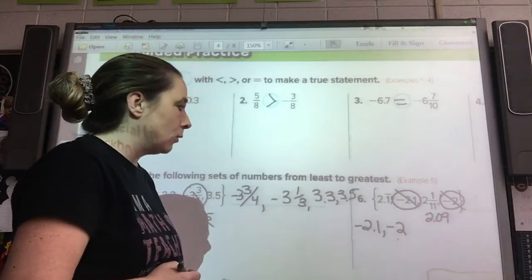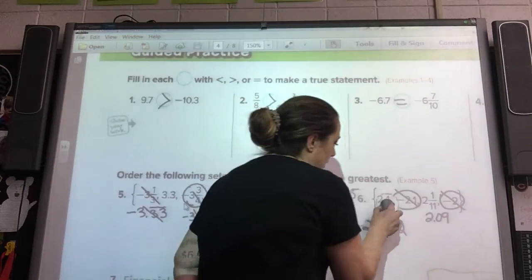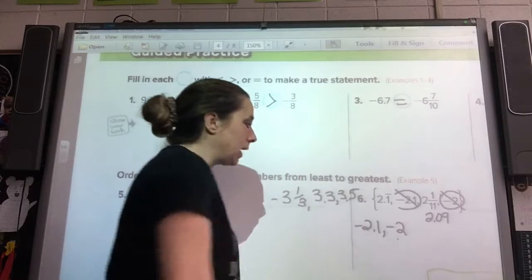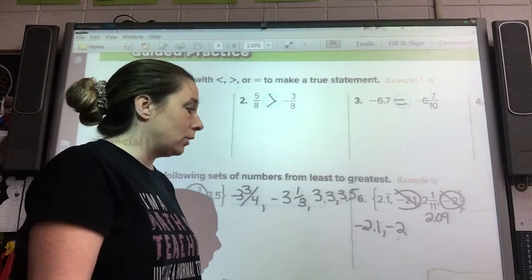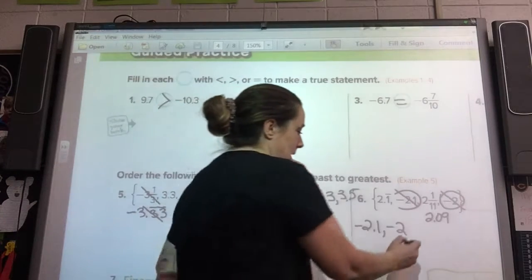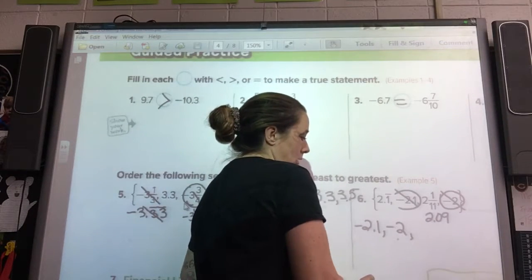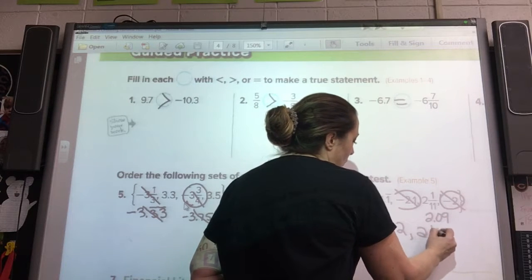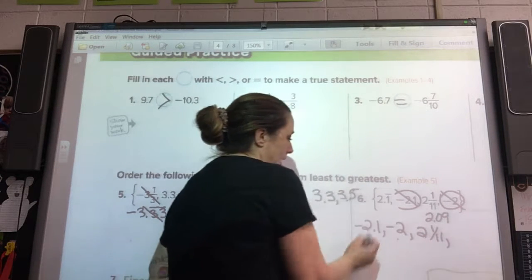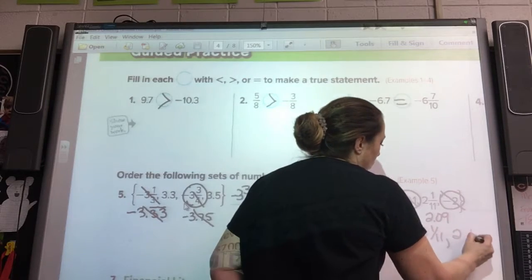Now, the rest are positive. So we've got 2.11, which would be like $2.11, or $2.09. Which one would come next? Good, $2.09, but we have to write this original fraction, 2 1/11, and then last would be 2.1 with the repeat.